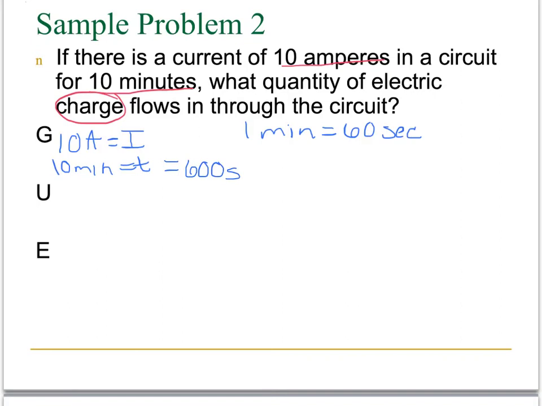The unknown in this problem is charge. So we're going to write Q equals a question mark. Just like our previous sample problem, we're going to use current equals charge divided by time.